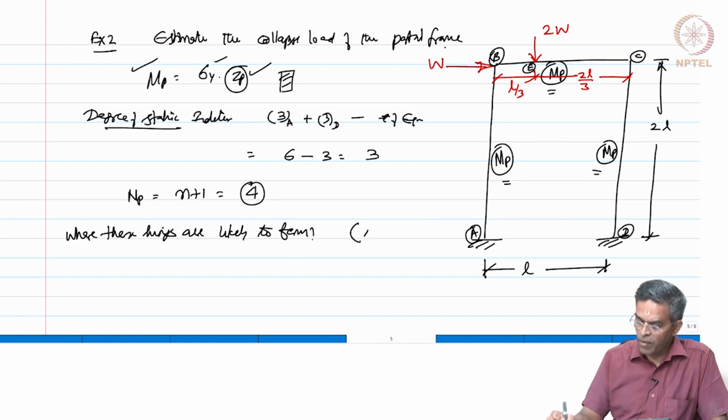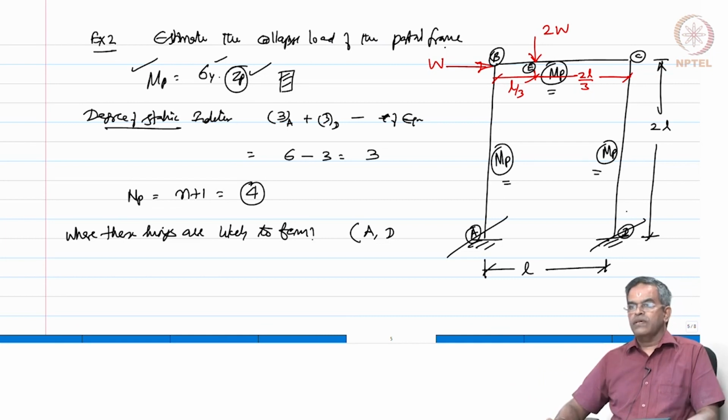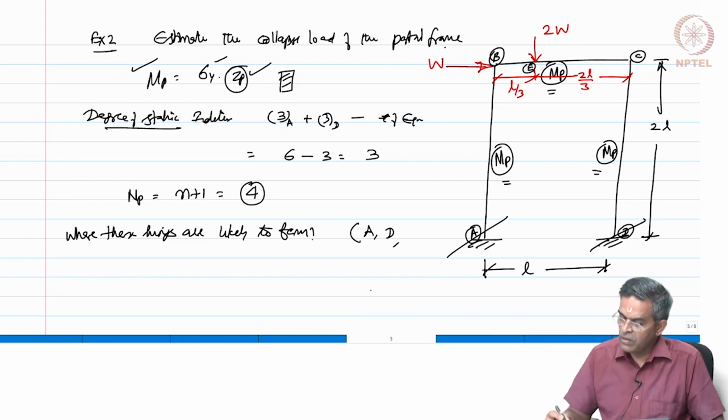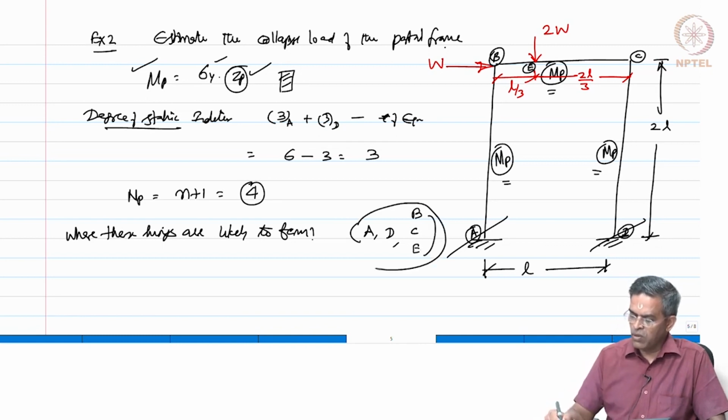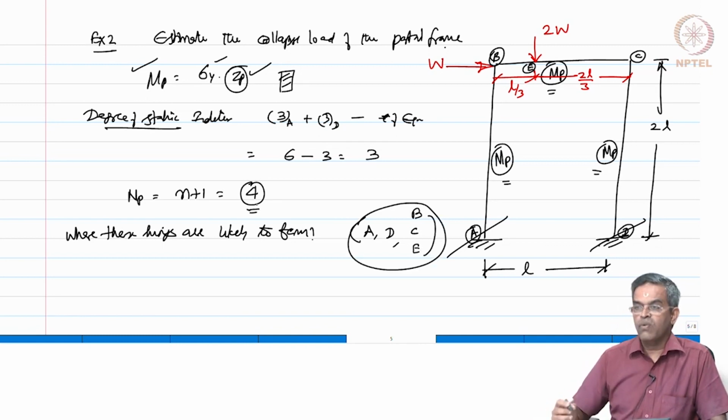For sure they will form at A and D because they are fixed ends, and there is a possibility it can further form at B, C and E. So, there are 5 possible locations, I need only 4.